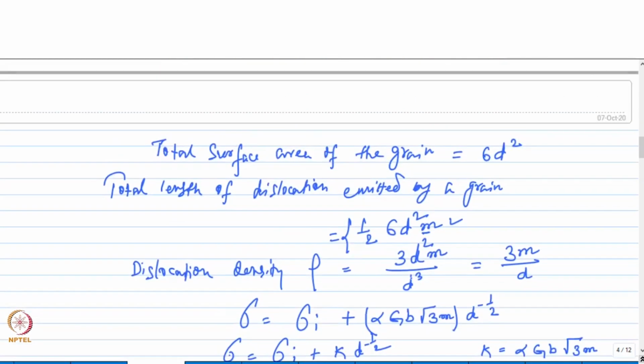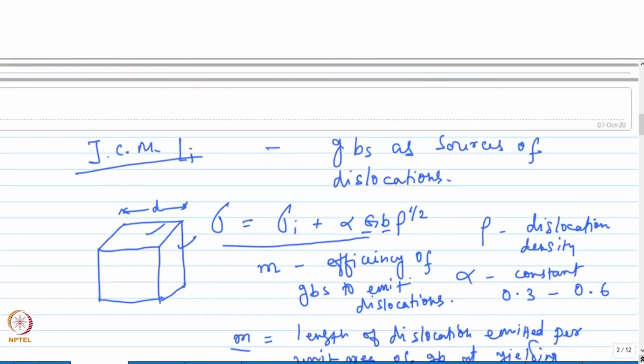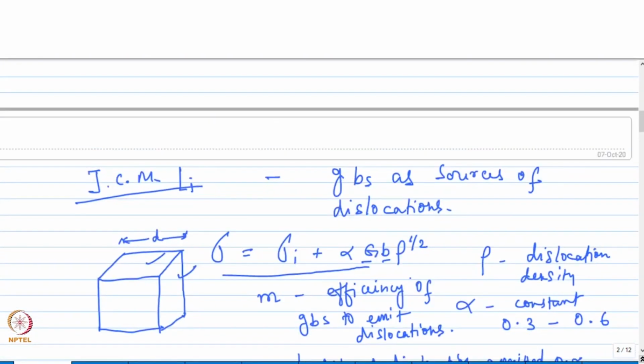So this is how this particular model or theory, which is known as the grain boundary source theory, will lead to the Hall-Petch relationship.